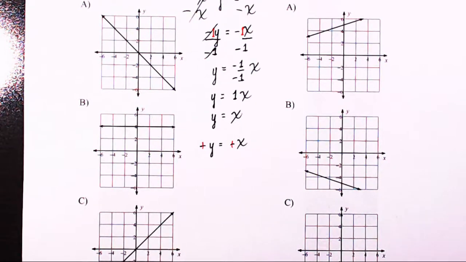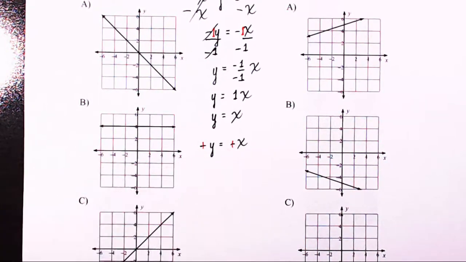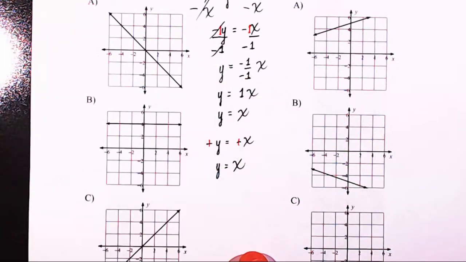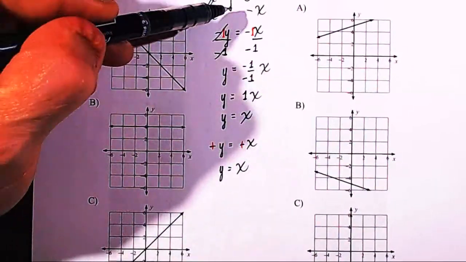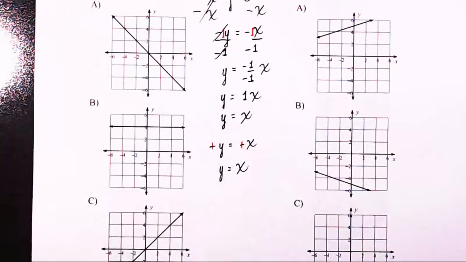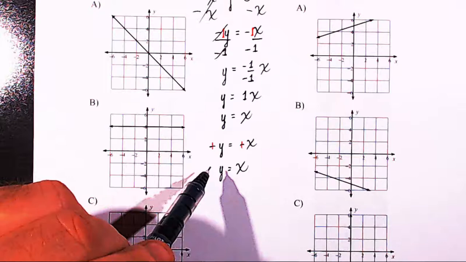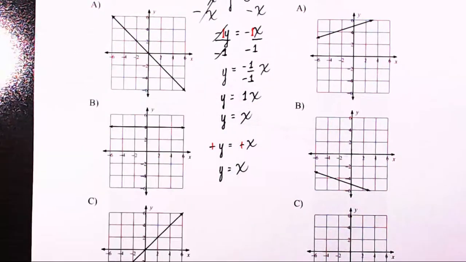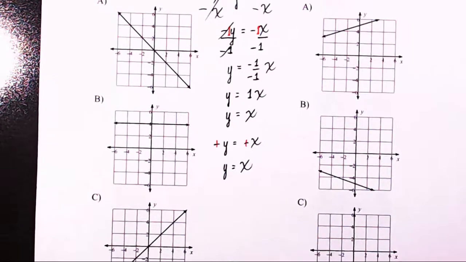If negative y equals negative x, then positive y equals positive x. And then I can just say, well, I'm done. Y equals x. So there are times when this more rigorous, thorough, technically correct way is going to be actually more beneficial. But in simple cases like this, we can kind of jump over a hurdle and just jump to the conclusion.